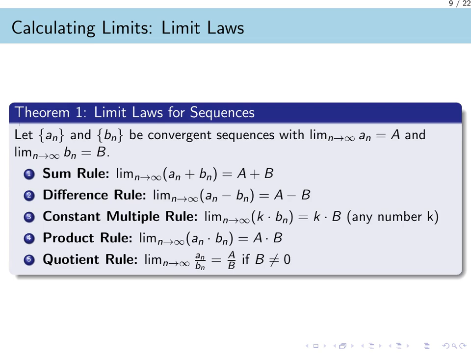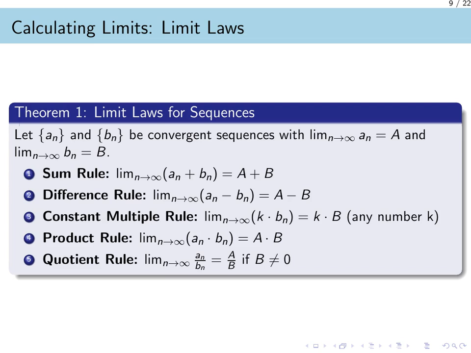Let us say the sequence a sub n converges to a limit a, and the sequence b sub n converges to a limit b. The sum and difference rules tell us that the limit of their sum or difference is simply the sum or difference of their limits, a plus b or a minus b. Similarly, the product rule shows the limit of their product is a times b.